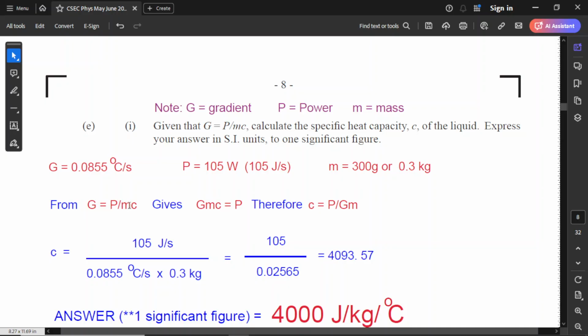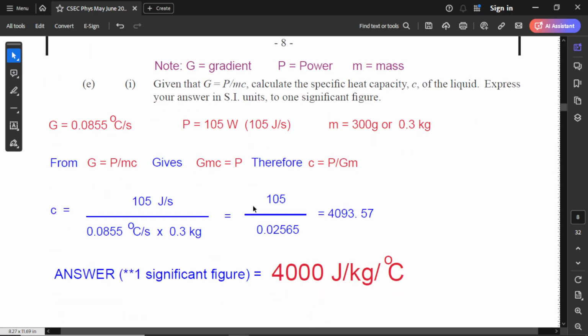All right, and so we know from this given formula here that if G is equal to P divided by MC, then certainly P is equal to GMC. And so if you should make the specific heat capacity the subject of the formula, then it is equal to P divided by GM. All right, and so we have our power rating there in joules per second. We have our gradient, and then we have here our mass, which is 0.3.